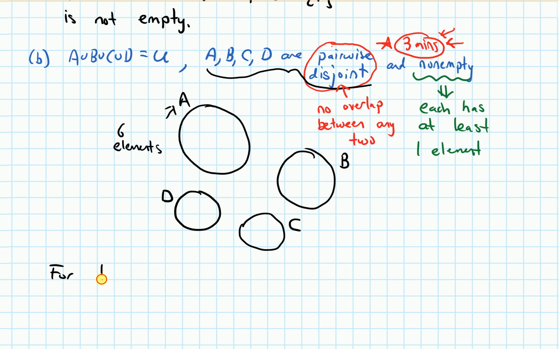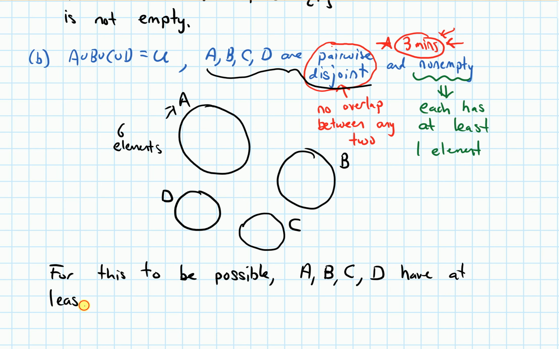So for this to be possible, A, B, C, and D have at least, if we combine all their elements, I know A has 6, and then B, C, and D have to have at least one. So if I just do 1 plus 1 plus 1 plus 1 for B, C, and D, that's the least amount of elements that they could have collectively.